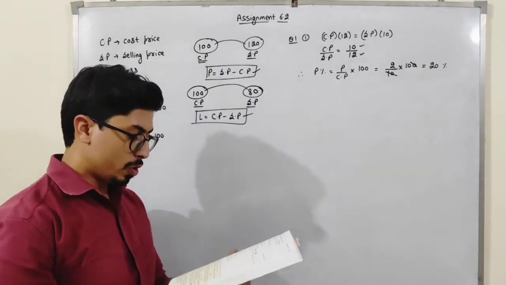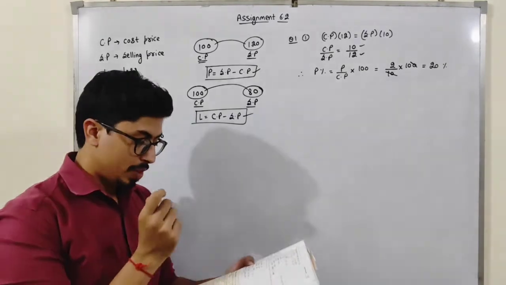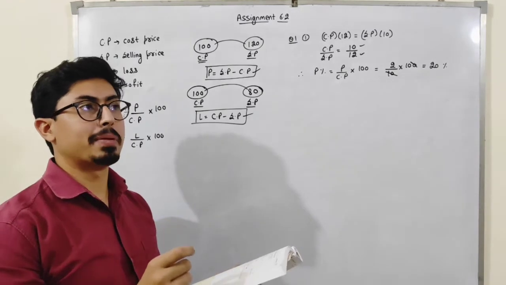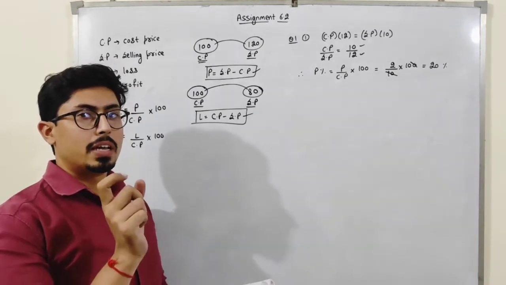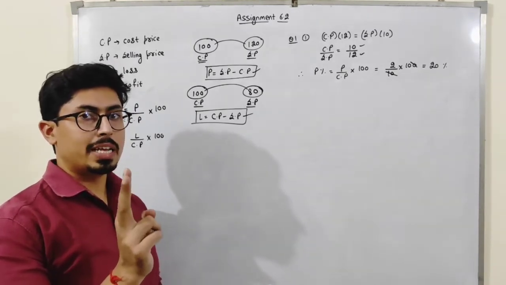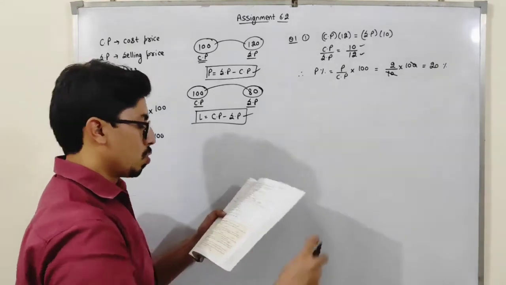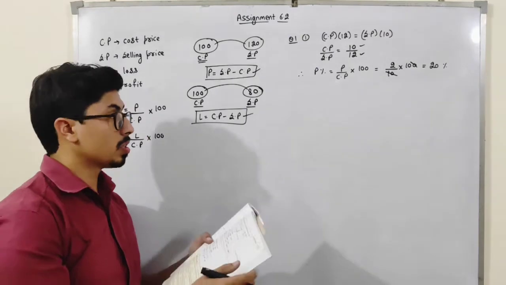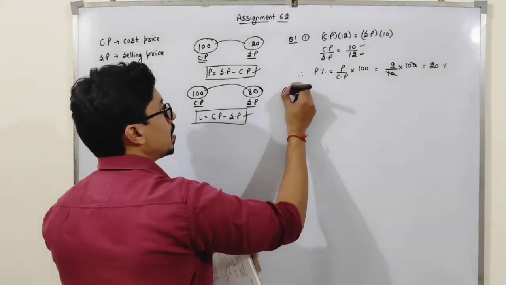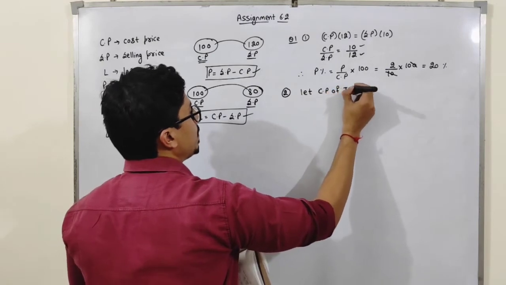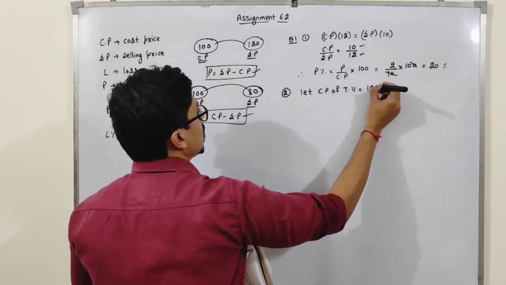Now students, in the second part, a shopkeeper buys 2 TV sets of the same type. Of the same type means the TVs that he bought have the same CP. So now in next, let the cost price of TV be 100.